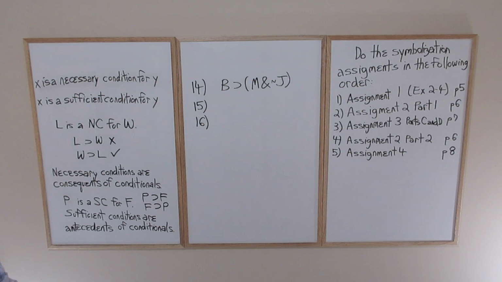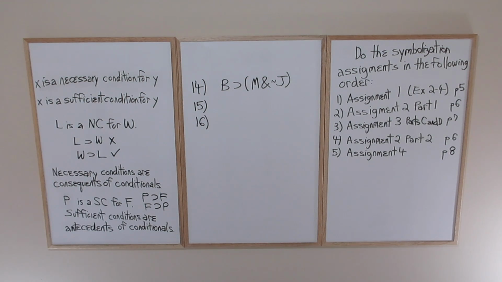Does that mean then that if you possess a lottery ticket, then you win the lottery? If only that were so. Merely possessing a lottery ticket is hardly a guarantee that you'll win the lottery. On the other hand, does this English sentence entail, if you win the lottery, then you must have a lottery ticket?